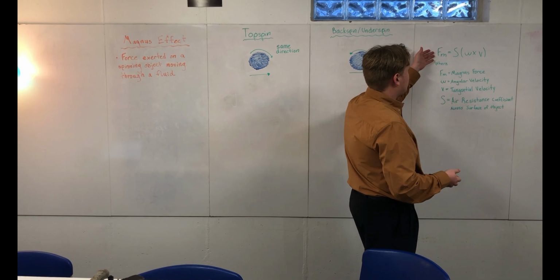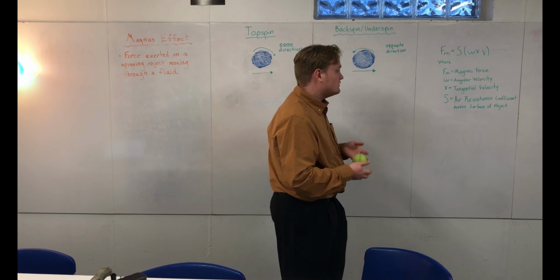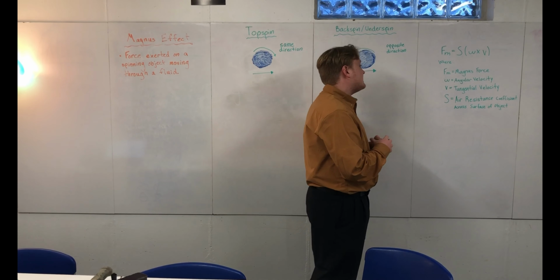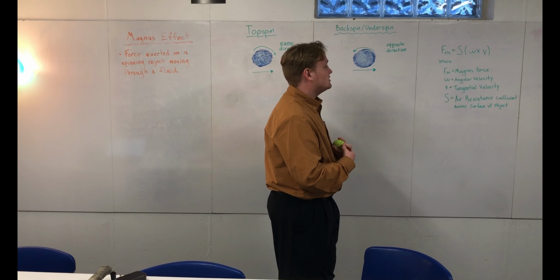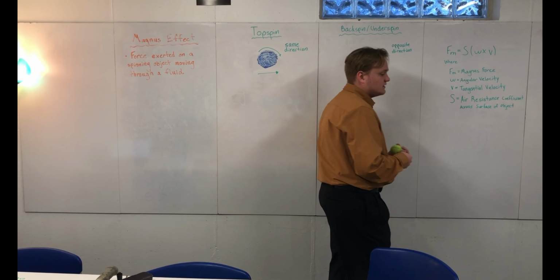This can be determined mathematically with this equation, where F sub m is the Magnus force, lowercase omega is the angular velocity, v is the tangential velocity, and s equals the air resistance coefficient across the surface of the object.